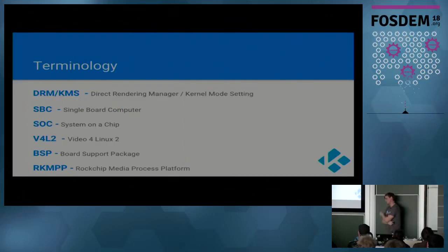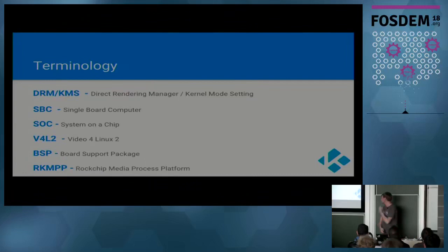Just a bit of terminology that I'd like to go over before getting into it. There's so many abbreviations in the Linux kernel stuff. So stuff you'll see throughout this: DRM, KMS is the direct rendering manager, kernel mode setting. I assume most of you know what that is, being in this graphics dev room, but we'll touch on that a bit later. SBC being single board computer. Devices like Raspberry Pis, and I brought a Dragon board here, but there's plenty of other stuff out there.